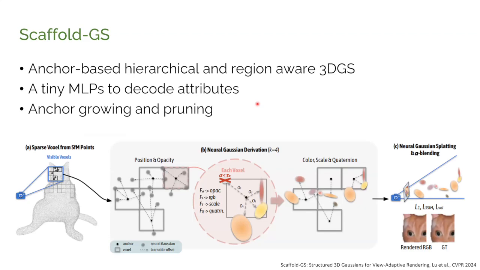So here's another great work, Scaffold-GS. I guess many of the state-of-the-art methods are actually based on this method. One special thing about this method is they use latent attributes instead of the raw attributes of the Gaussian. Each anchor point is the representative point of a group of Gaussians.